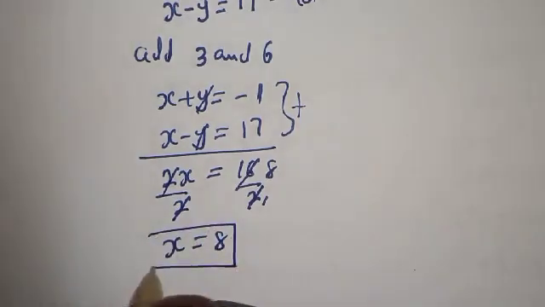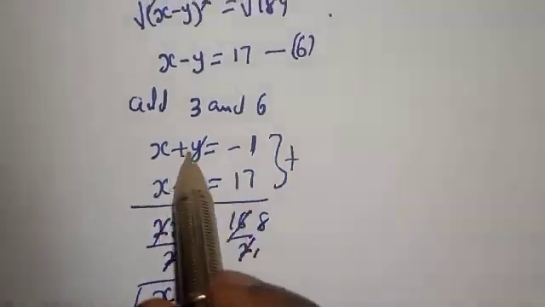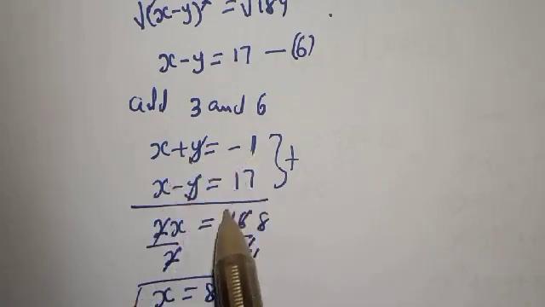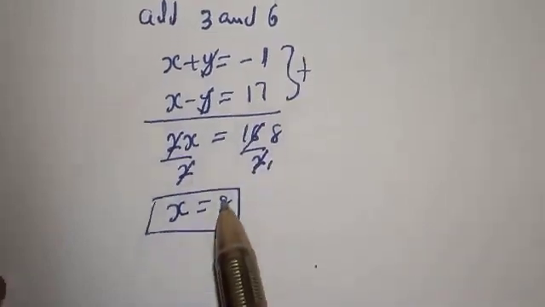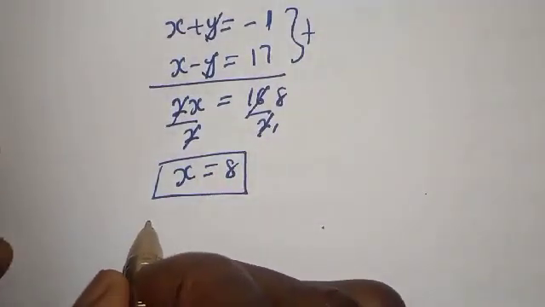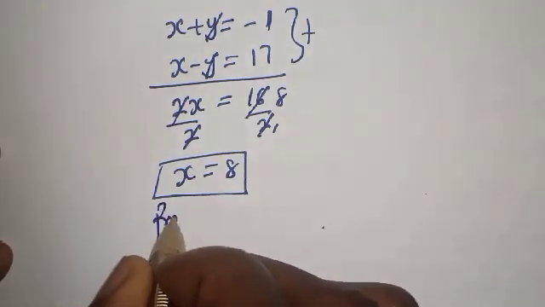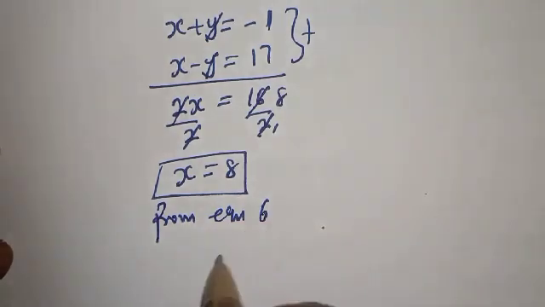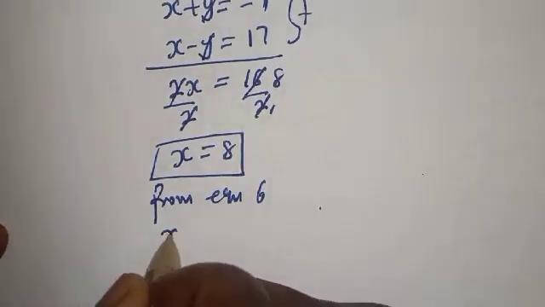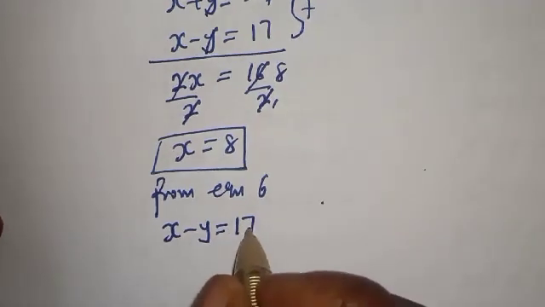We know the value of x, which is 8. Let's substitute for x in any of these equations, either equation 3 or equation 6. But I'm going to make use of equation 6. From equation 6, x minus y is equal to 17.